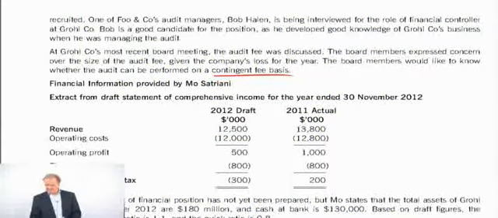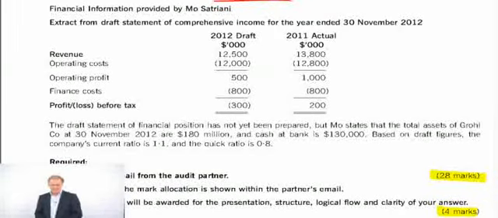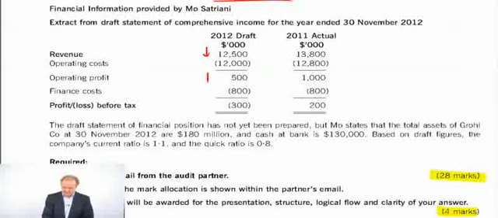And now we have some numbers, and if you are given numbers, we ought to take a look at them. What do we notice? Oh look, revenue is coming down, operating profit is coming down, finance costs of course aren't, and notice they've already got 800 grand of finance costs, which suggests they've already borrowed quite a lot of money in the past.